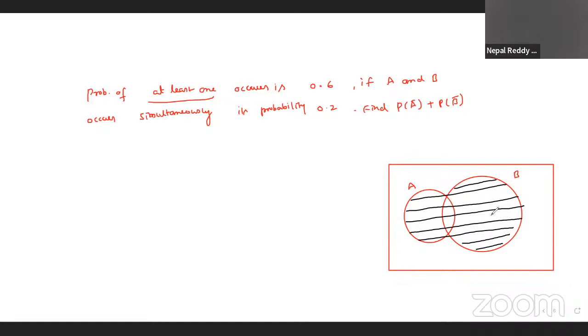Therefore, probability of A union B is given as 0.6. Next, A and B occurring simultaneously is nothing but probability of A intersection B, that is 0.2.